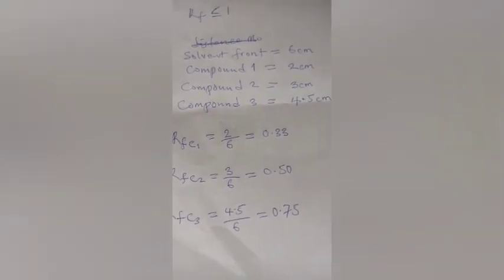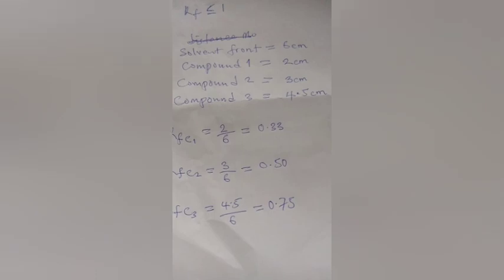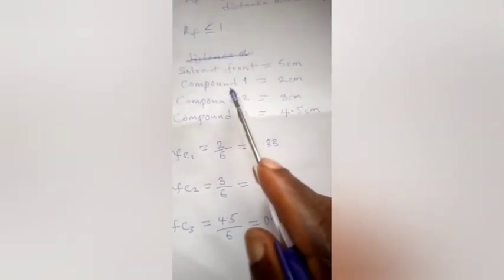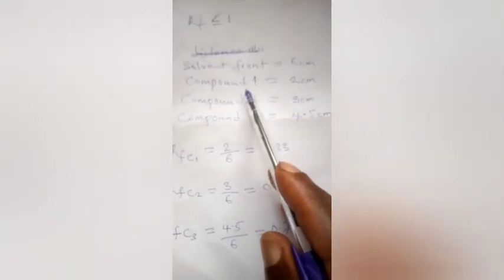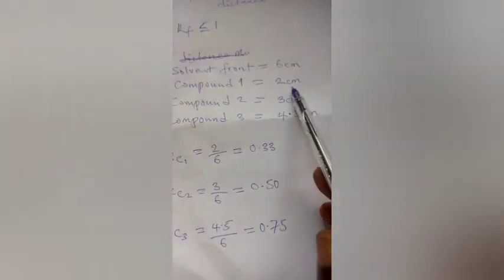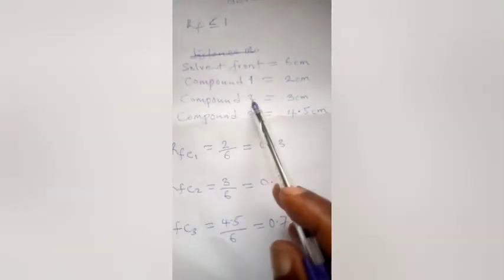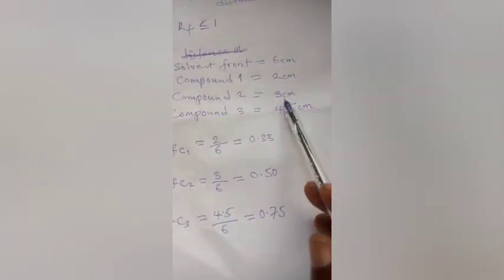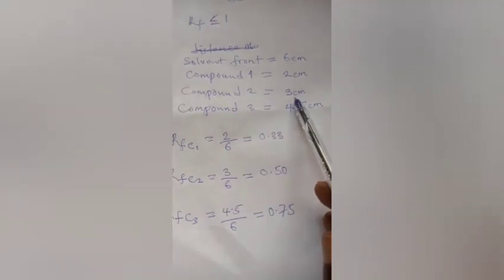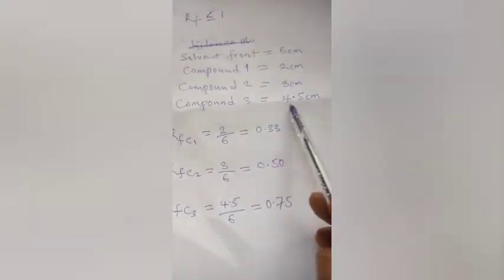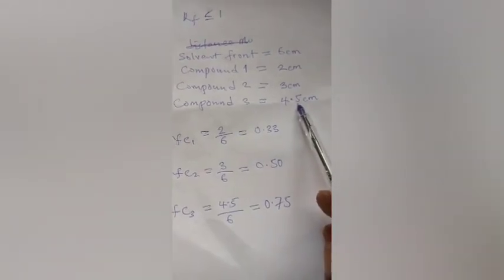For instance, if distance moved by compound 1 is measured to be 2 cm, then distance moved by compound 2 is measured to be 3 cm, and compound 3 is measured to be equals to 4.5.